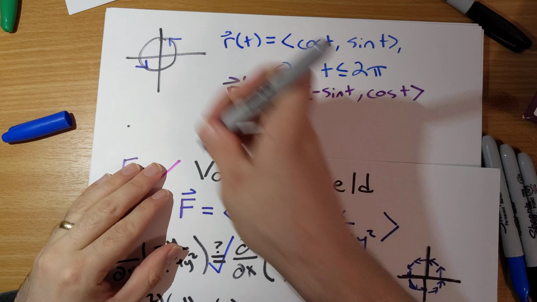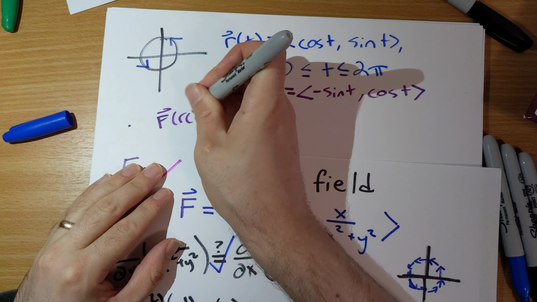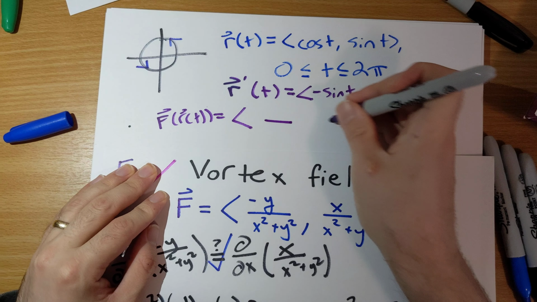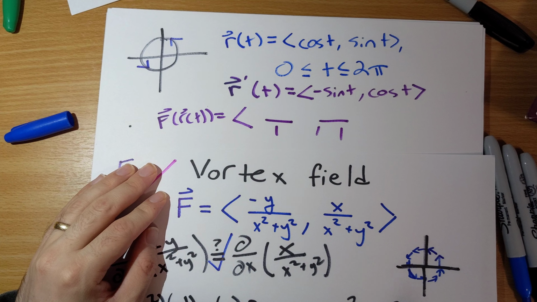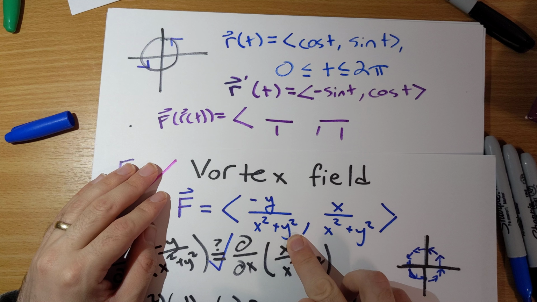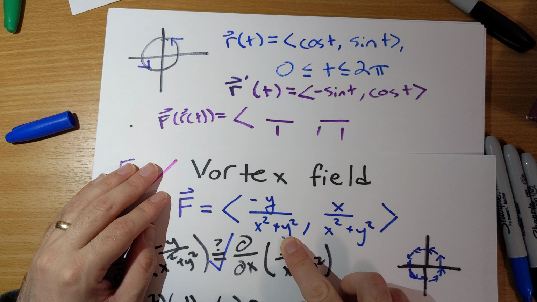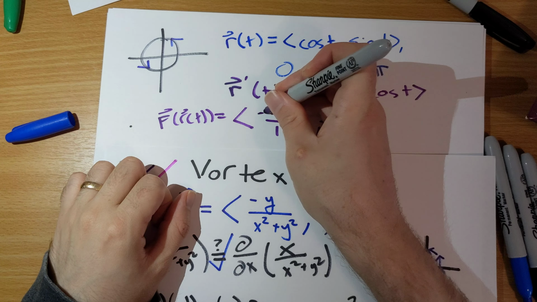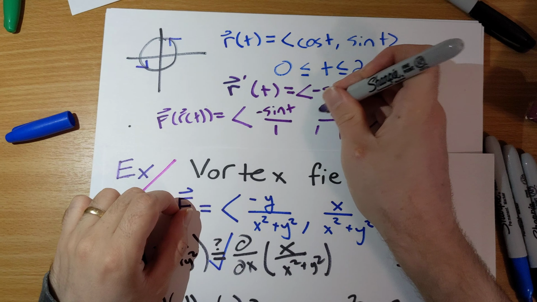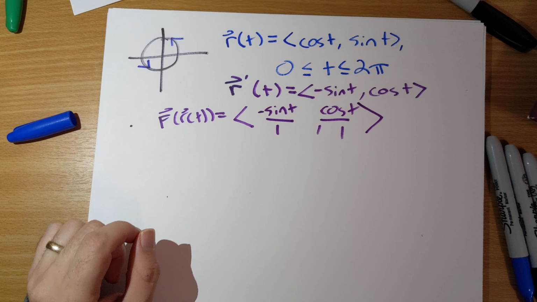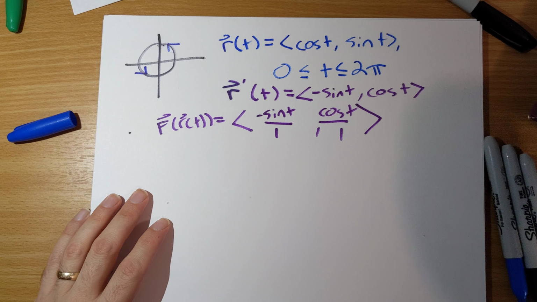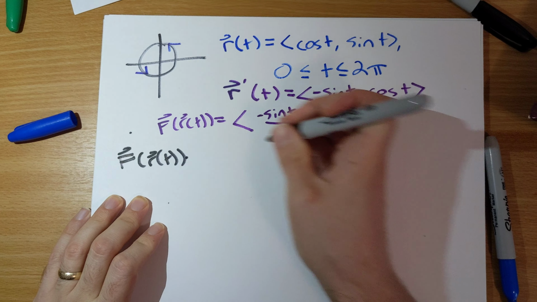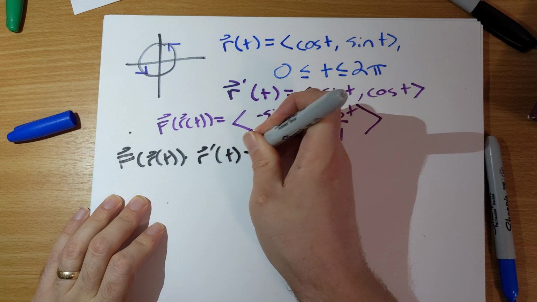F is, remember this, f of R of t is equal to, so x squared plus y squared in the denominator is just going to be 1, because x is cosine t, y is sine t, and cosine squared t plus sine squared t is 1. And so then we end up with negative y, negative sine t, and x is cosine t. Here's our f of r of t. We need f of r of t dot product r prime of t.